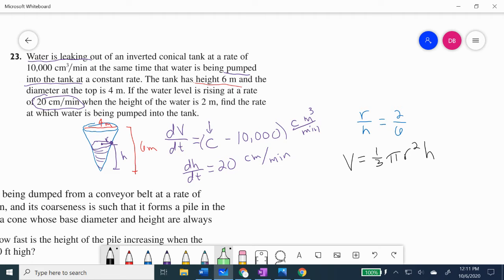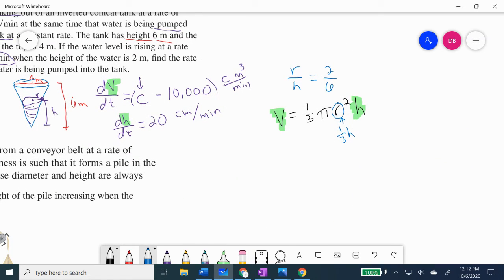We are working with the rate of change of volume and the rate of change of height, but we have no given information about the rate of change of radius. So we are trying to find out what is the radius in terms of the other variables. We get that it is 1/3 h, so I'm going to plug 1/3 h into that r.